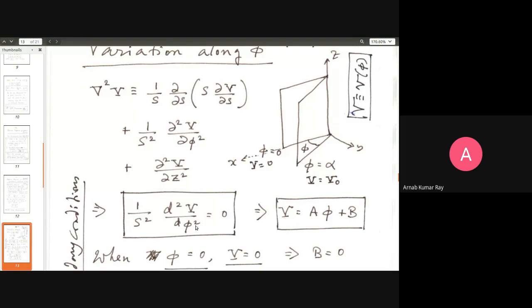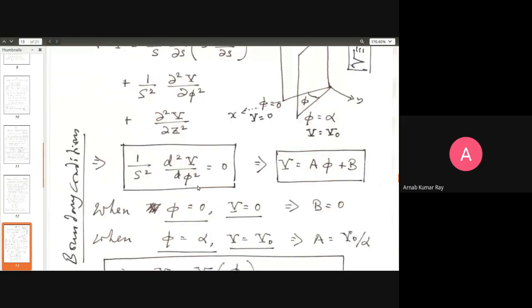No challenge at all thereafter. This is the phi variation that you're working with. 1 by S squared into d2V d phi squared is equal to 0. You multiply this equation throughout by S squared, and you will just get d2V d phi squared is equal to 0. 1 by S squared is not 0 in general, unless of course S goes to infinity, but that's not what we are looking at.